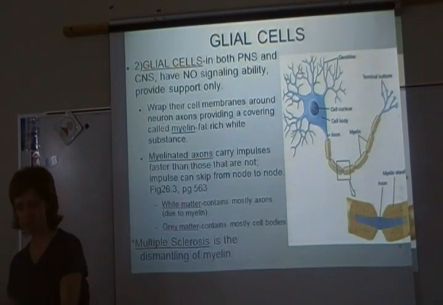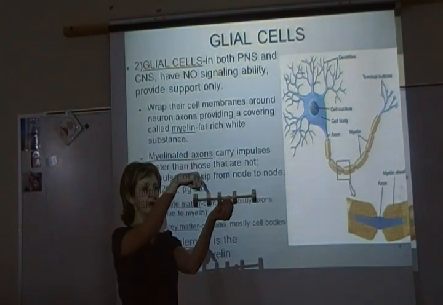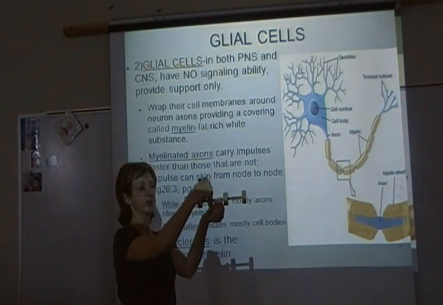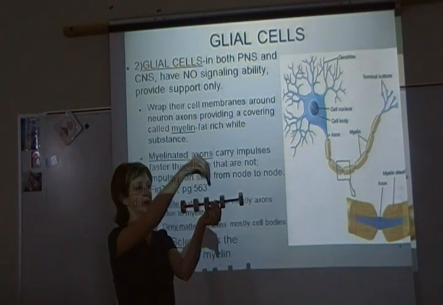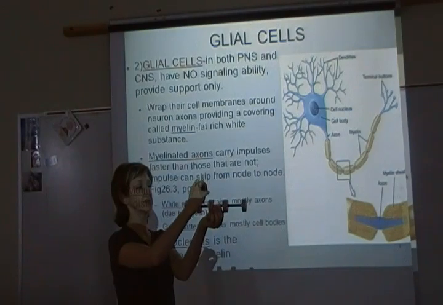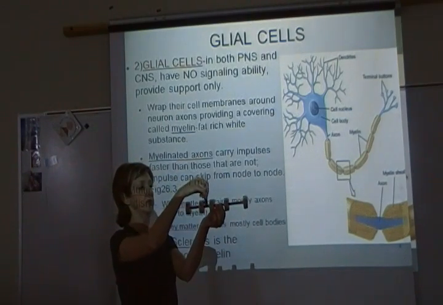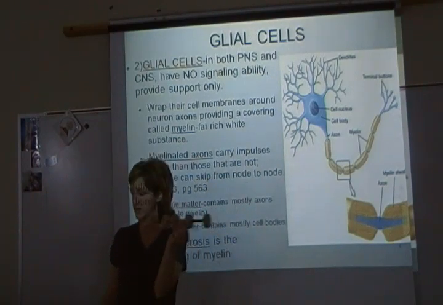Well, if the axon is wrapped in glial cells, we'll say that these are the glial cell membranes, that car, or that signal, can jump in between all the glial cells, travels and jumps over, travels and jumps over, and that makes the signal go much faster down the axon.